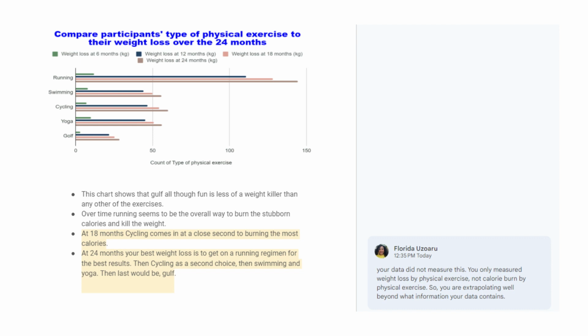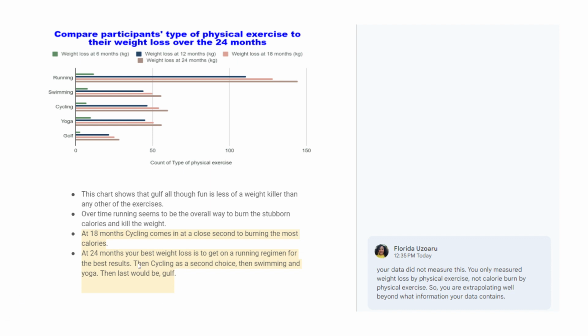That is not the information that is in the chart because the data did not measure calorie burn. It was strictly looking at weight loss by physical exercise. It did not look at calorie burn. So you cannot extrapolate that information beyond what the data is given.